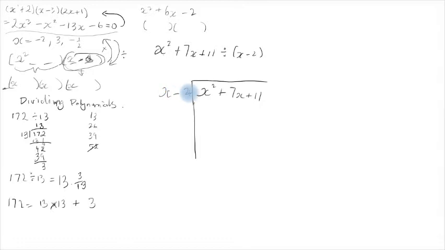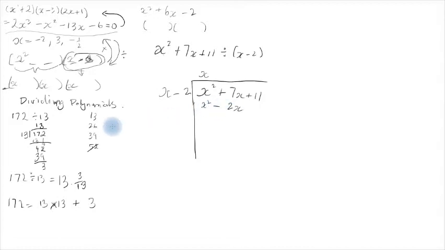Okay, so it's a similar thing going on. So we only need to really look at the x for now and go, how many x minus 2's are there in x squared? Well, there's x of them, with x now multiplied by this, so x times this stuff is x squared minus 2x. So that's what we have left over, if you like.